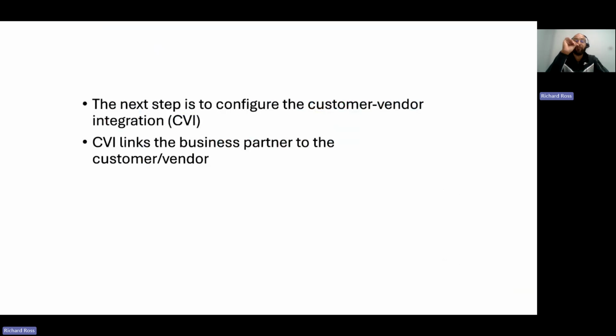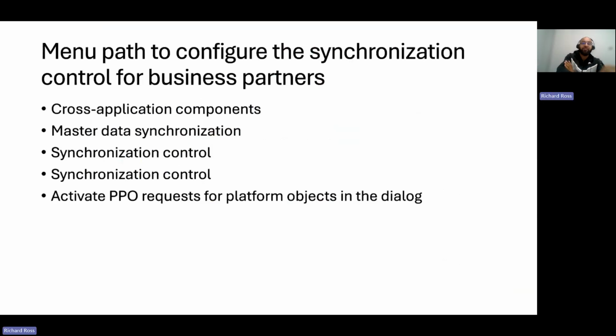The next step is to configure the customer vendor integration, CVI. Now, CVI links the business partner to the customer vendor. Menu path to configure the synchronization control for business partners. Cross application components, master data synchronization, synchronization control, activate PPO requests for platform objects in the dialog.